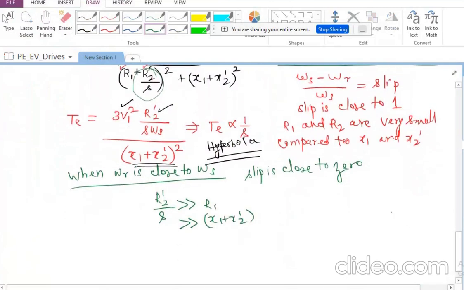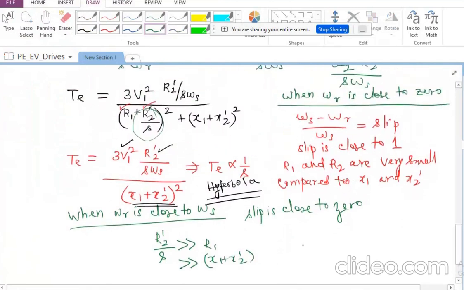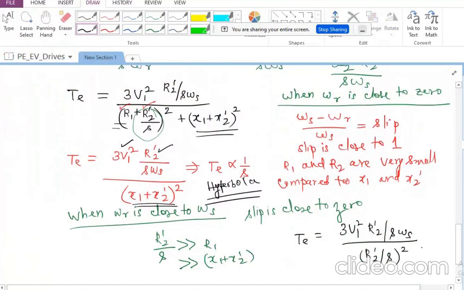So under such a condition, electromagnetic torque is equal to 3V1 square R2 dash divided by S omega S, and I can say this can be neglected as well as R1 can be neglected. So it will be R2 dash divided by S the whole square.